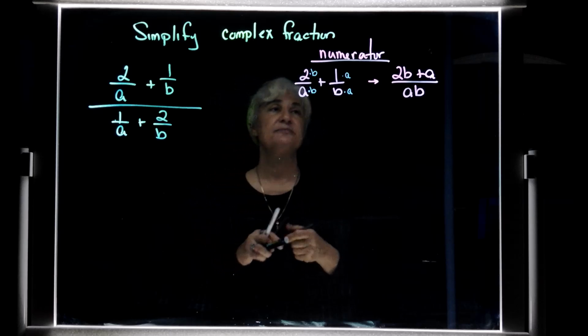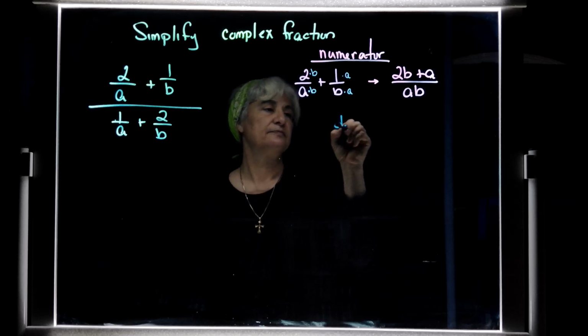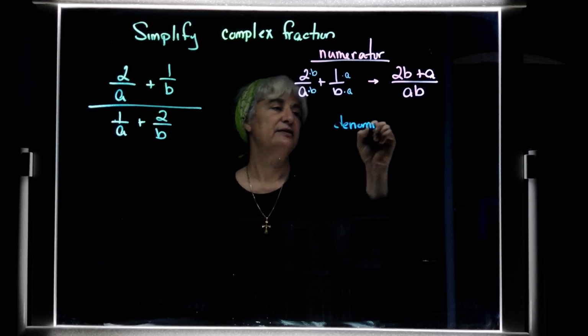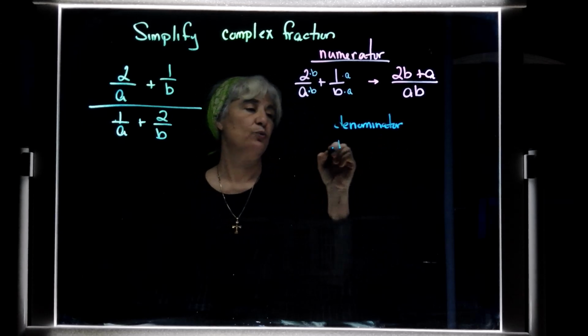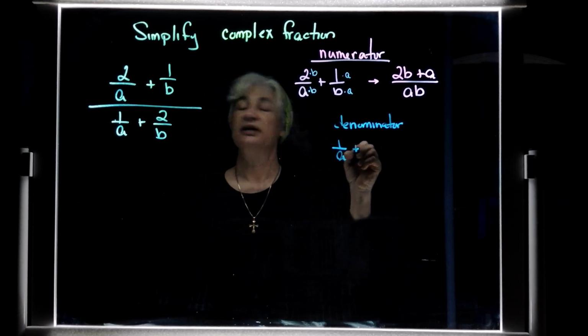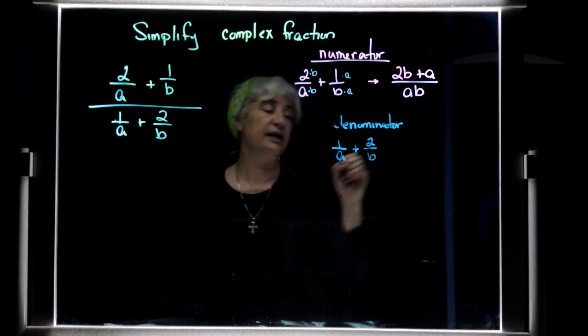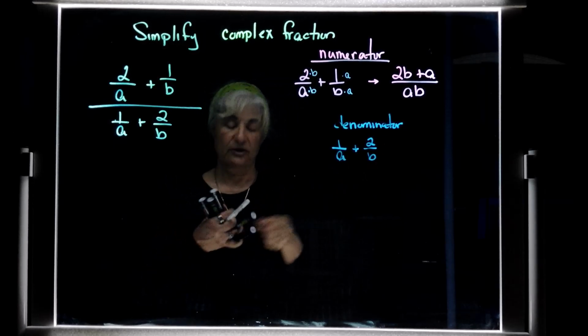Now the denominator has an addition of two fractions as well. I have 1 over a plus 2 over b, and I want to add these together.